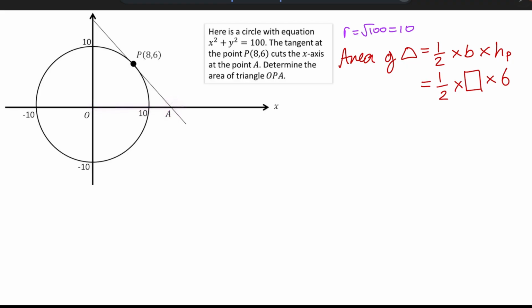In other words, the x coordinate, the x part of the coordinate pair. In order to do that, we need the equation of this line, and then we're going to set y equal to 0 to work out what x is. To work out the equation of the line, we're going to need to work out the gradient, because we already have a coordinate, and we can use our formula for that.